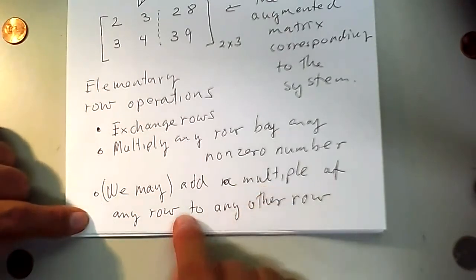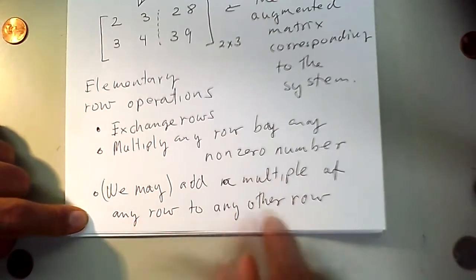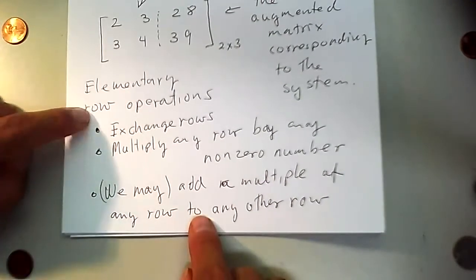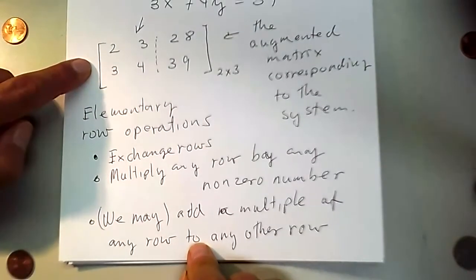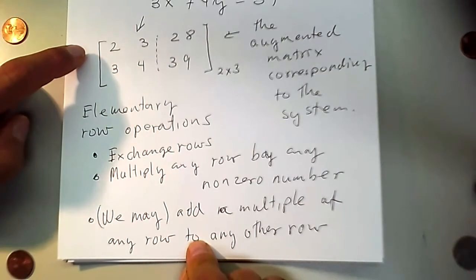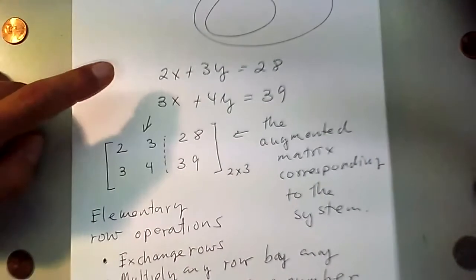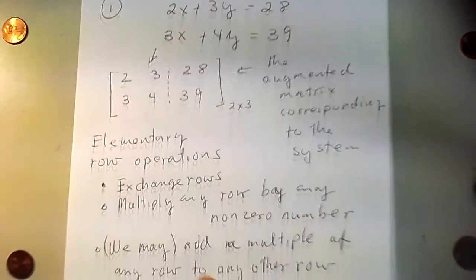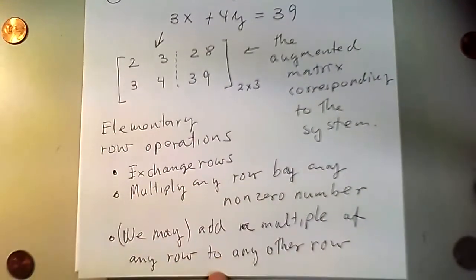So that includes the subtraction. We can add or subtract a multiple of any row to any other row. So those are the 3 elementary row operations that we can apply to obtain a row equivalent augmented matrix, which will correspond to an equivalent system of equations. As we go through the example, all of this will become a little more clear.